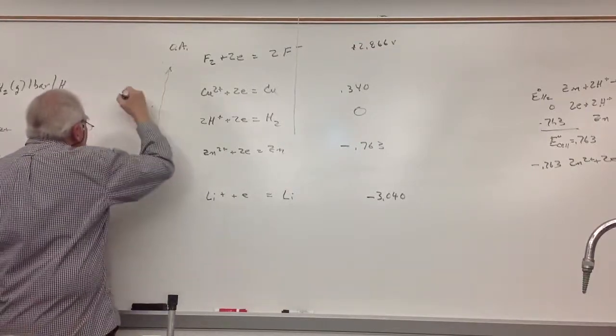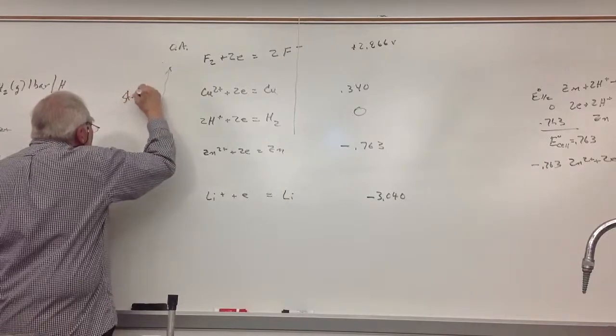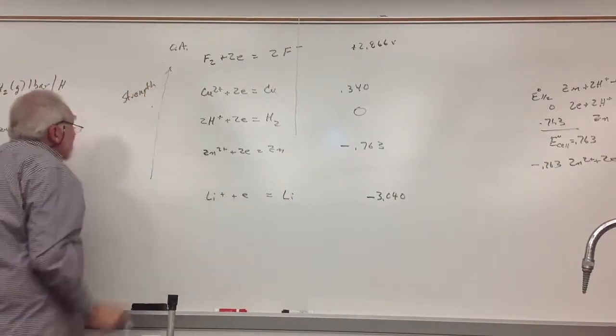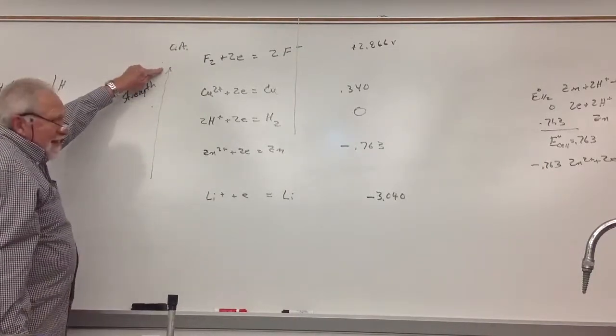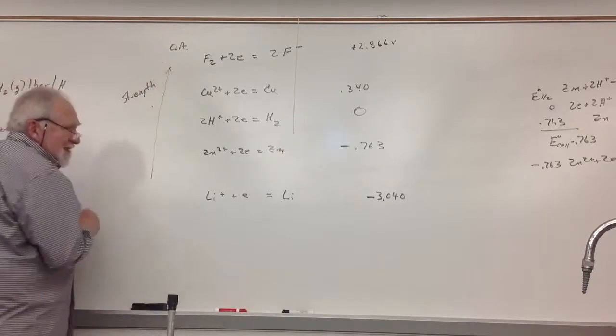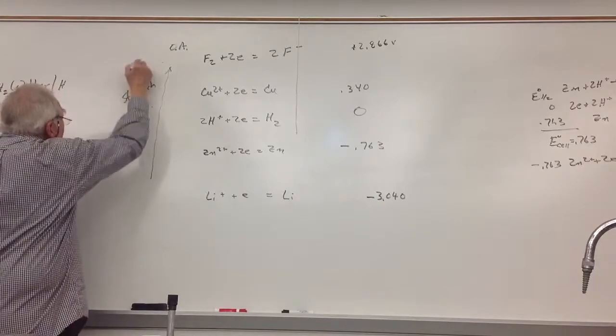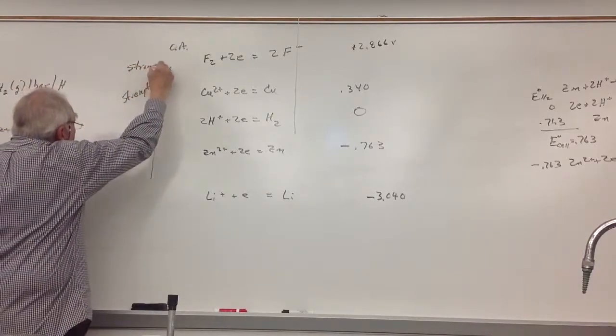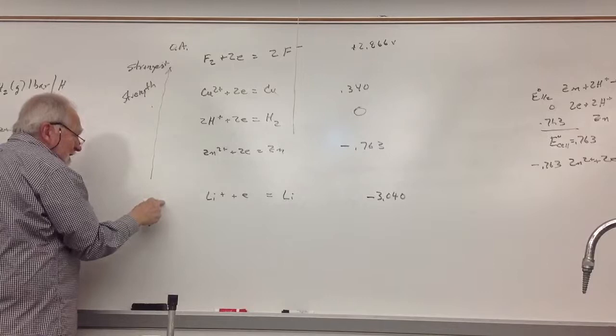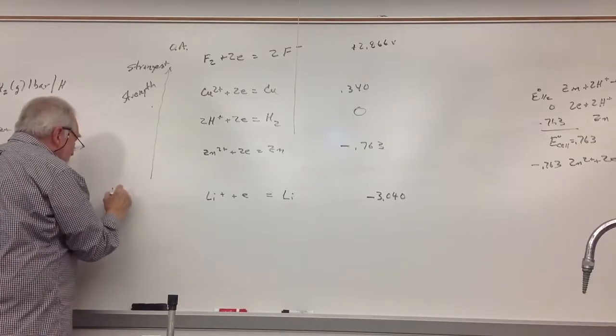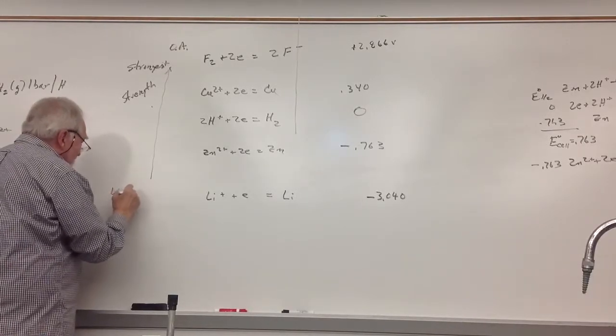Strong. This is the strongest oxidizing agent. It oxidizes anything because it takes electrons away from everything. This must be the weakest because it wants to give electrons to everything.